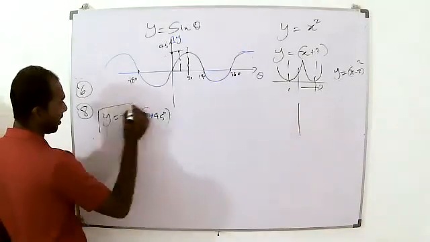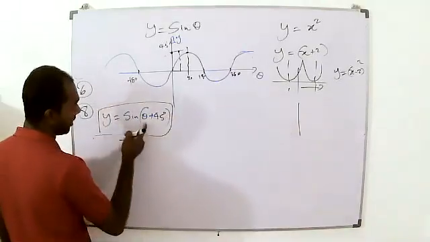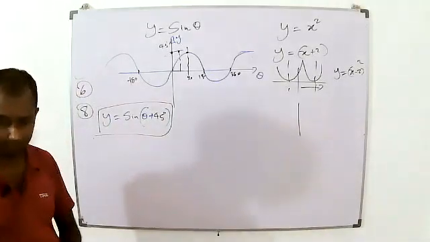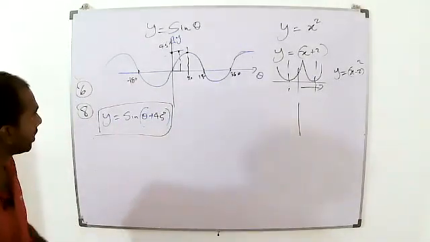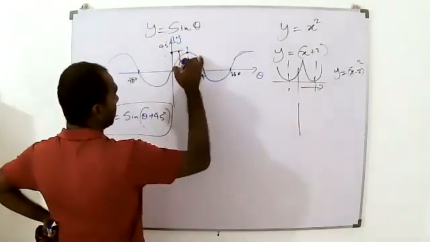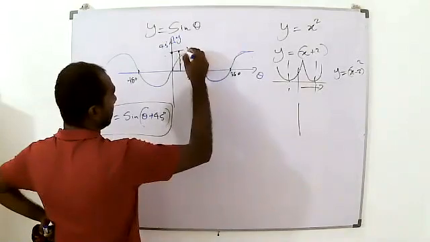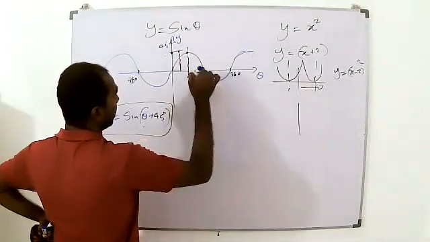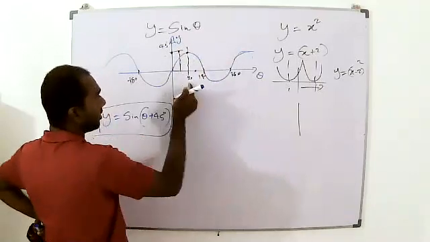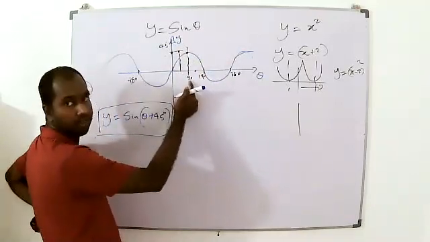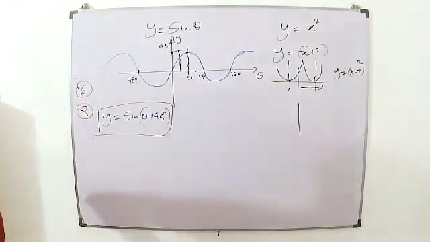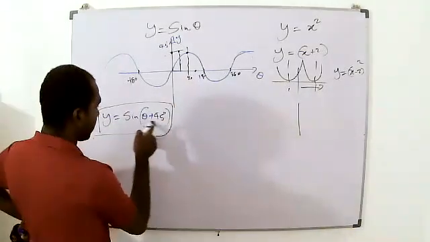Try to draw this graph: y equals sine of (theta plus 45 degrees). What's going to happen? This graph is moving. All these critical points, we know the maximum value happens at angle equals 90 degrees. At that point, it goes backward.